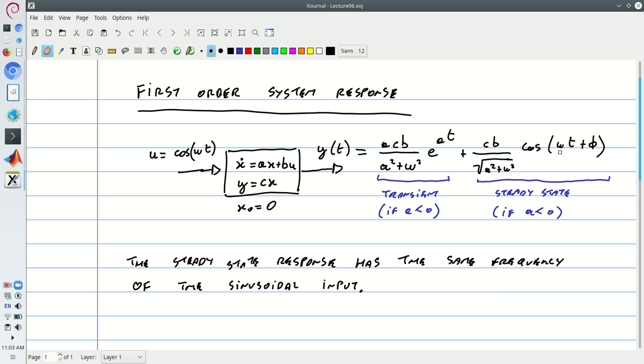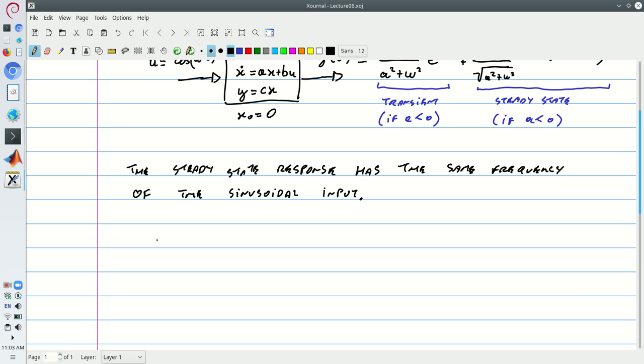So we have that the frequency omega of the steady state response is equal to the frequency omega of the input.